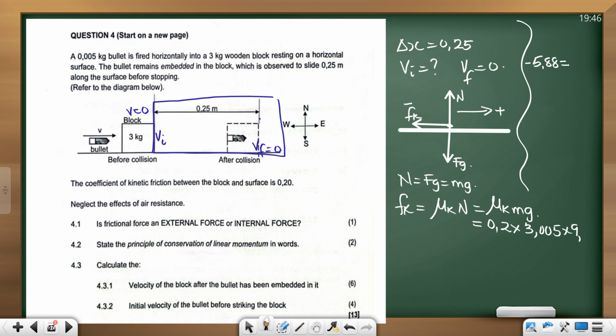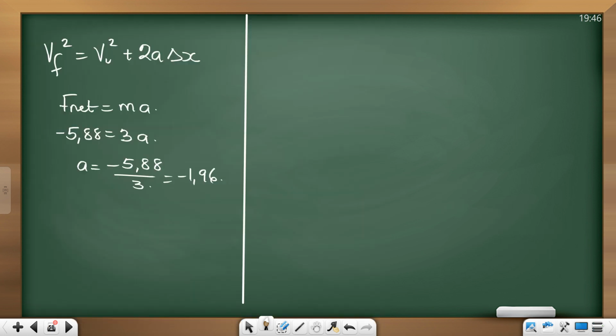3.005 times 9.8. Please give me an answer quickly. I want us to get this question done. It's making sense, guys. 5.88, that's what is given. 5.8898.